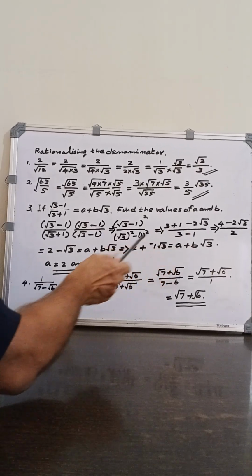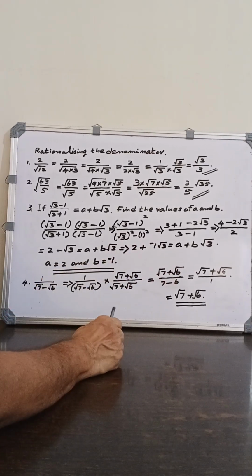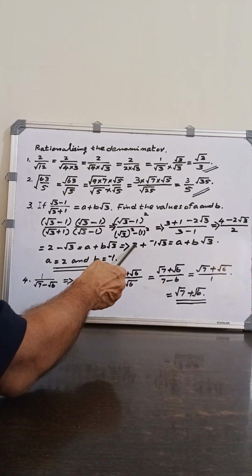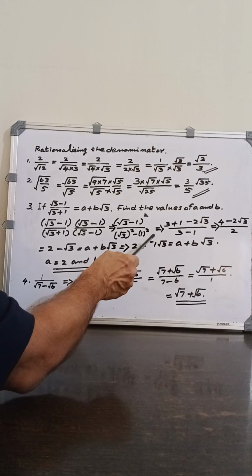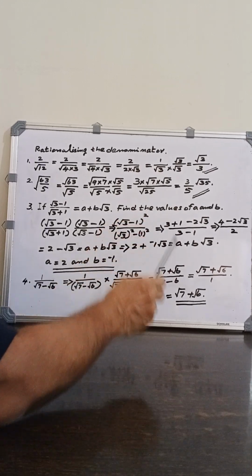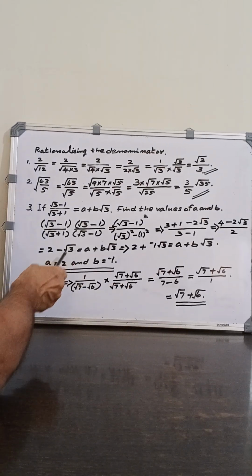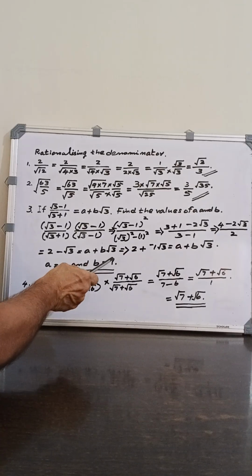Therefore, a equals 2 and b equals minus 1. To avoid mistakes by students, I am writing this 2 minus root 3 as 2 plus minus 1 root 3. This minus 1 we have to consider. Students may be misled into taking minus root 3 as b. No, it is b equals minus 1.